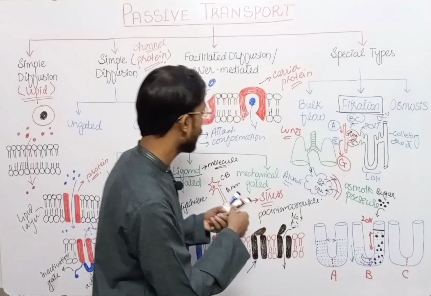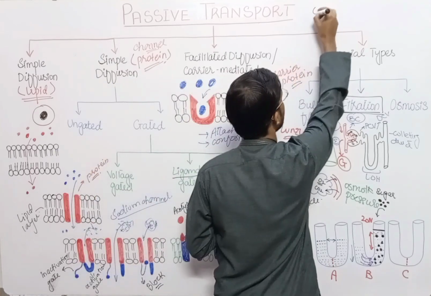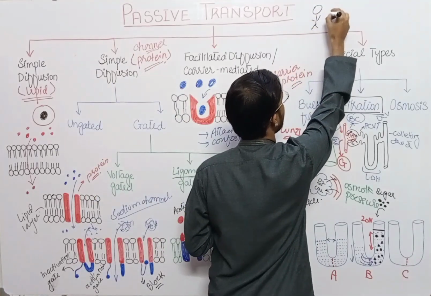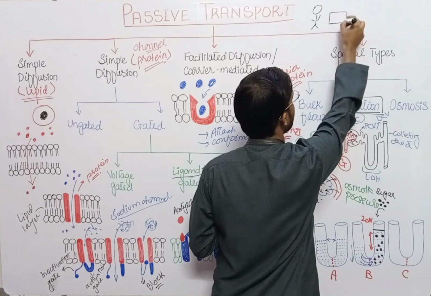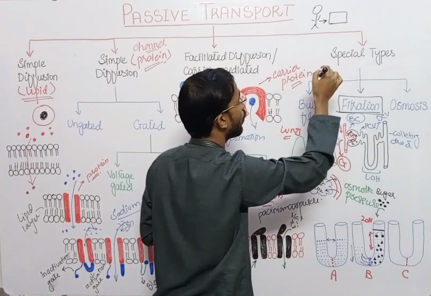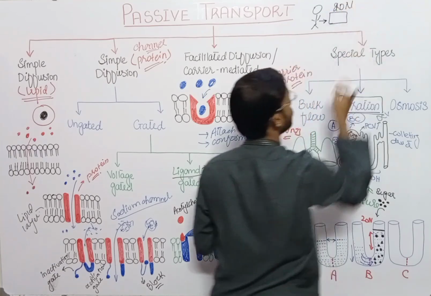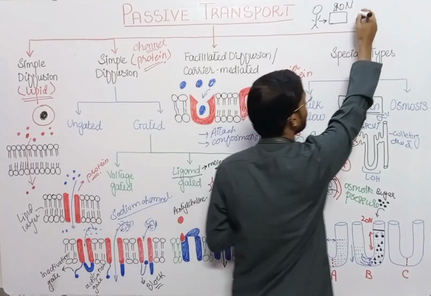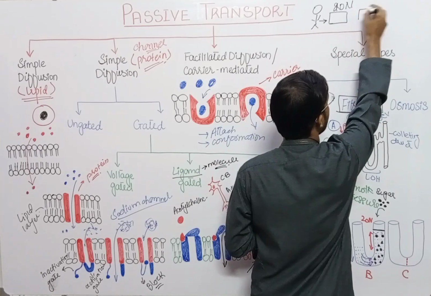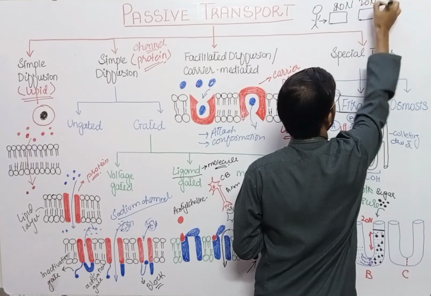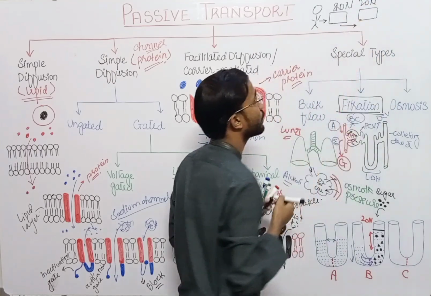Here you can see a person dragging a box with a 20 Newton force, and it will be displaced in the forward direction.